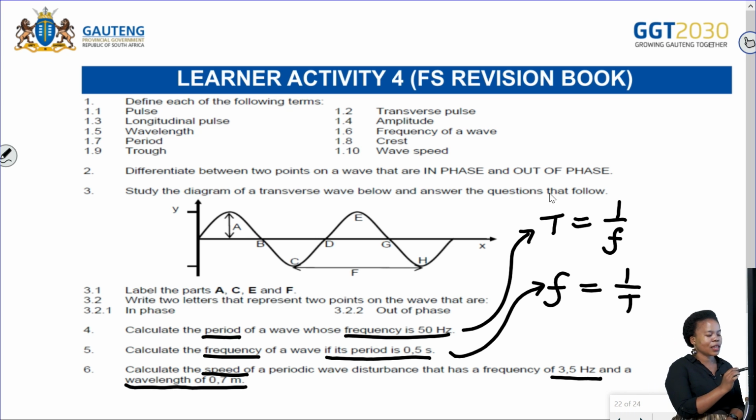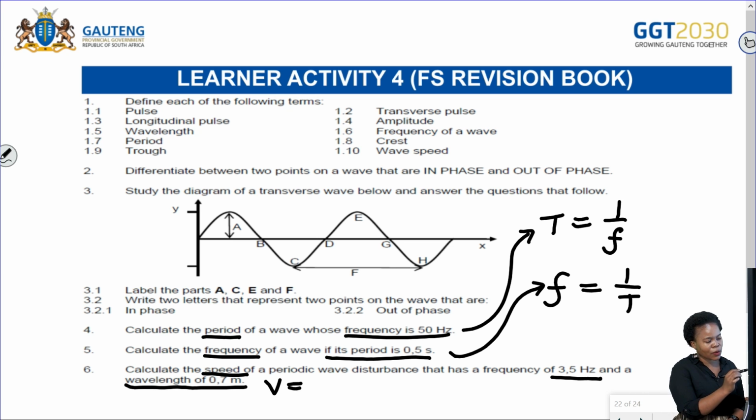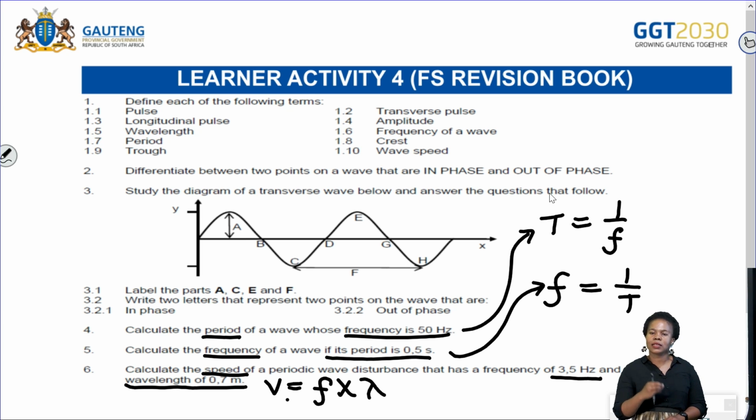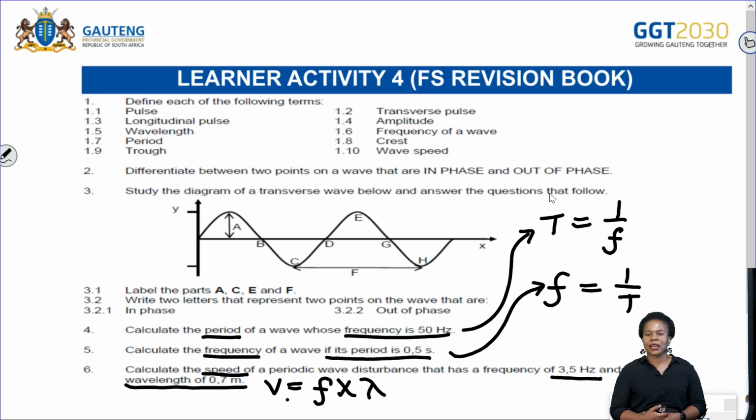Okay, you said, because you were taught by me, speed is equal to frequency multiplied by lambda. Formula, substitution, answer with units. Right, so I'm sure you're going to find this fun to work on. It was taken from the FS revision book, Free State that is, and I hope you have fun attempting all these questions. Okay.